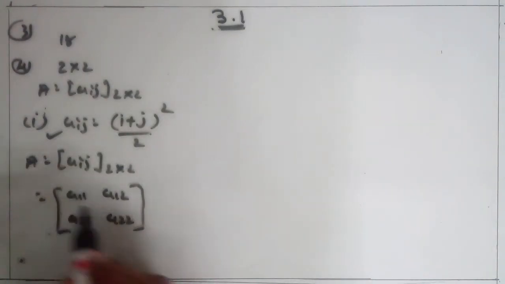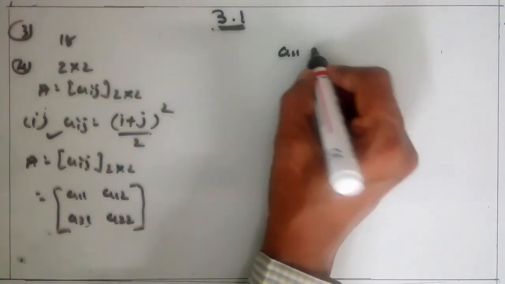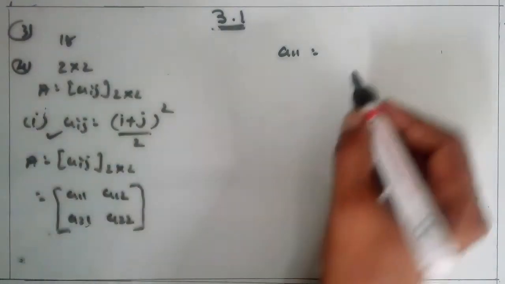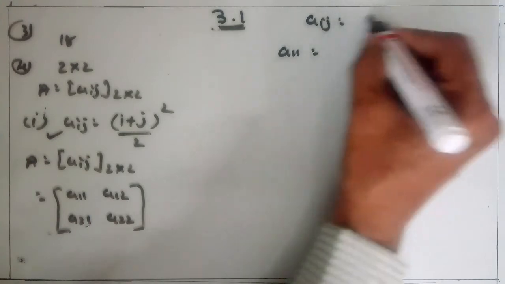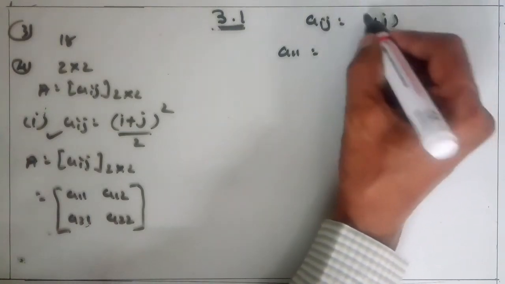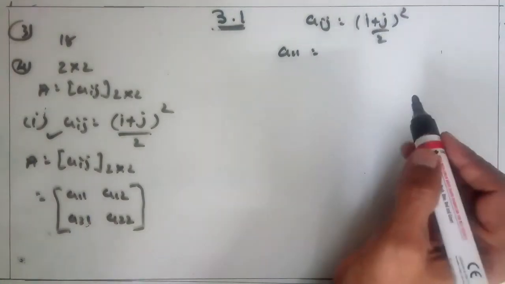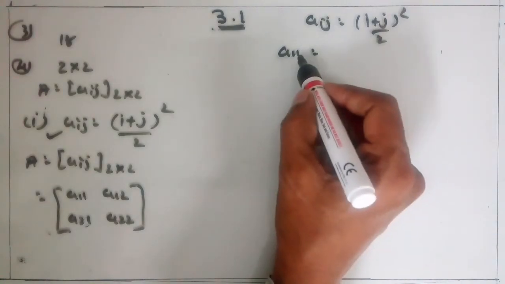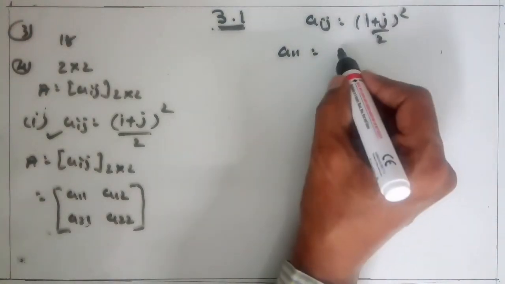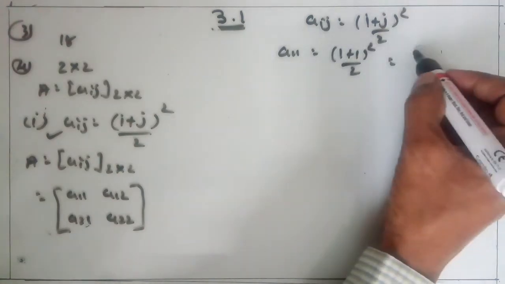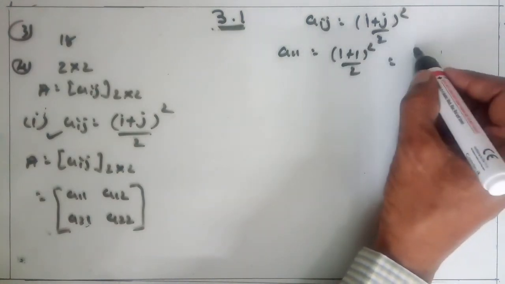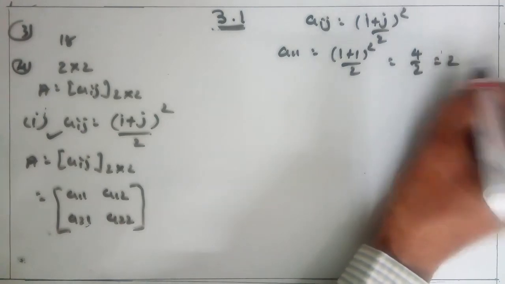First we get A11 using this formula. Here Aij is equal to (i plus j) raised to 2 upon 2. Replacing i by 1 and j by 1 in this formula we get (1 plus 1) raised to 2 upon 2, which is 2 square, 4 upon 2, that is 2.